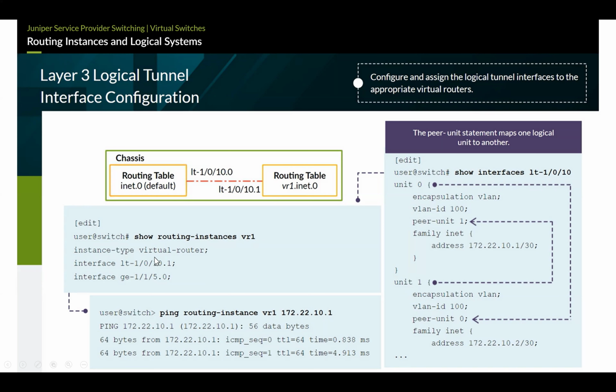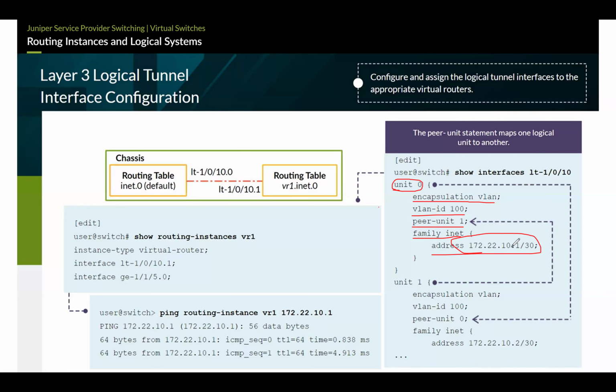As an example, this is virtual router one. The LT interface is the main interface dot one, that means unit one. See here the configuration syntax is like this. For unit 0, you have to set the encapsulation type VLAN, and the VLAN ID is 100. The peer unit is 1, family inet, with an IP address.